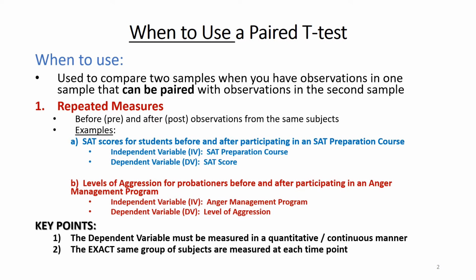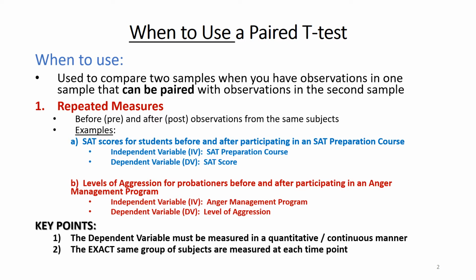Then they go through several weeks of this SAT preparation course. That becomes the independent variable. And then they are measured once again at the end as a post-test on another SAT test. And the question is, has their SAT score changed from pre to post?